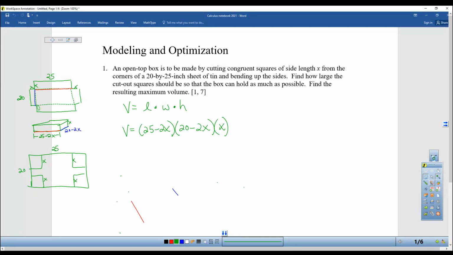If you multiply this out, you will get a cubic, x times x times x, a cubic equation. So let's do that real fast here. We get 500 minus 50x minus 40x plus 4x squared, times x.